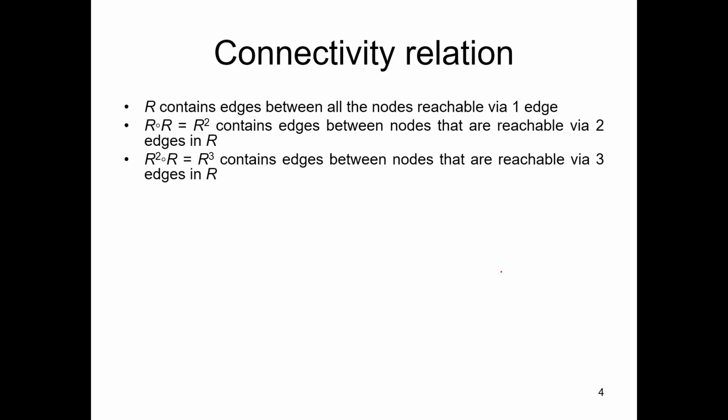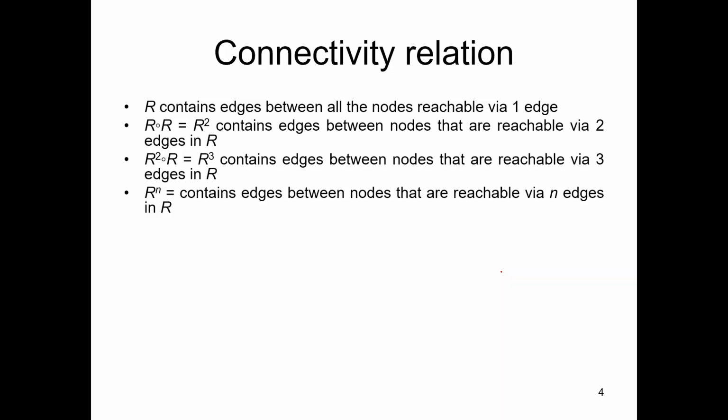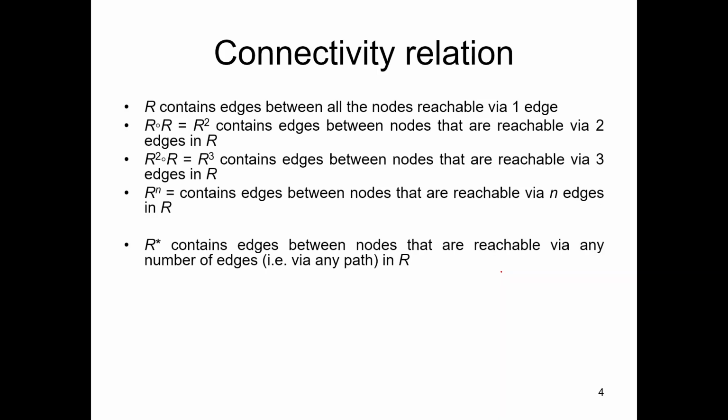R square composition R is equal to R cube, which contains edges between nodes that are reachable via three edges in R. In general, therefore, R raised to n contains edges between the nodes that are reachable via n edges in R. Now, star, this is also indicated as R raised to infinity.